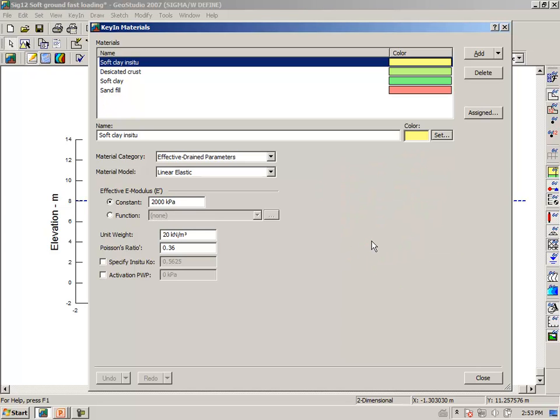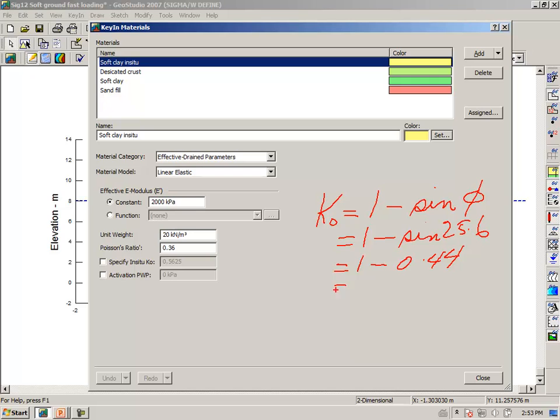Now, there is an expression for soft soils that says that K0 is approximately equal to 1 minus sine phi, and if we take 1 minus sine 25.6, it comes out to 1 minus 0.444 approximately, which makes K0 approximately 0.56, which makes Poisson's ratio the equivalent 0.36.